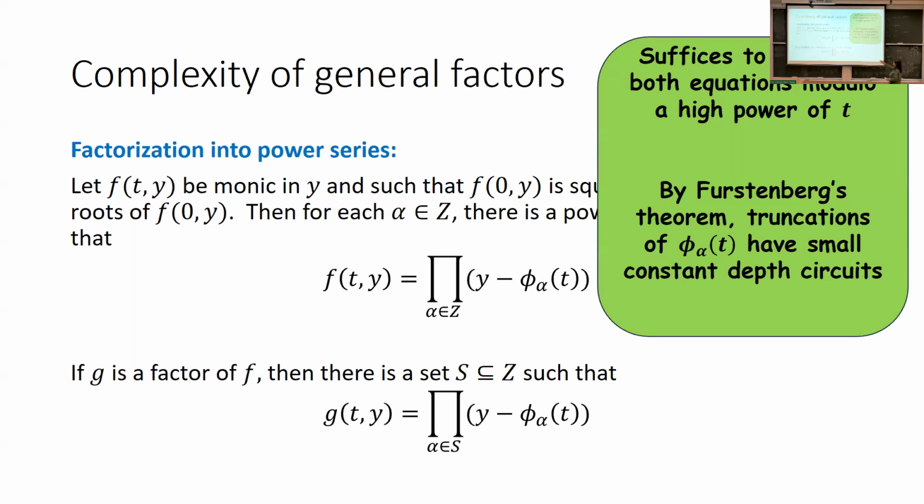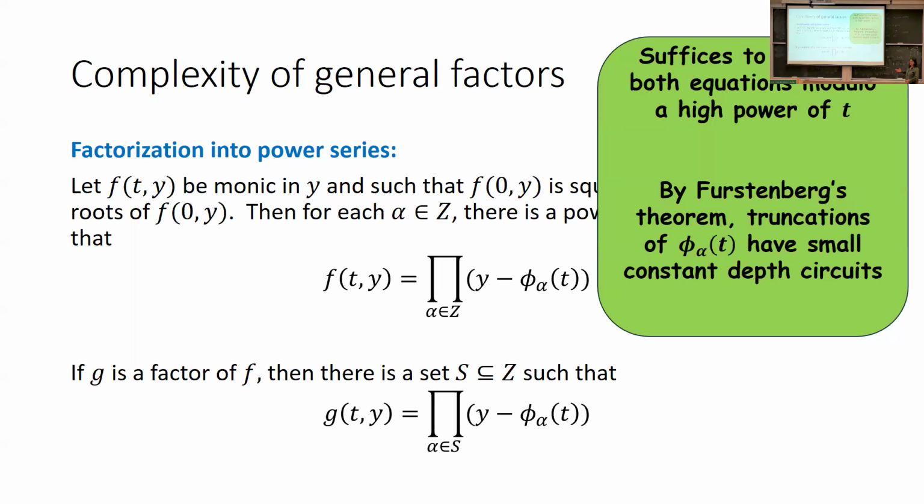If there is some subset of these phi alpha of t's where the product makes everything cancel out and you get a true polynomial, it's not hard to see that to compute this polynomial from these phi alphas, you can truncate the power series at some high enough accuracy, because powers of t of very high degree won't contribute anyway.